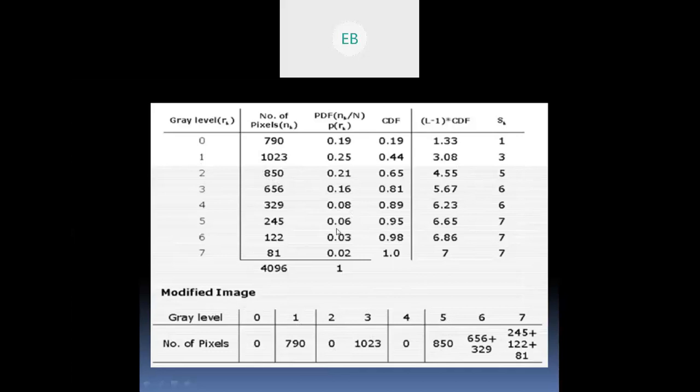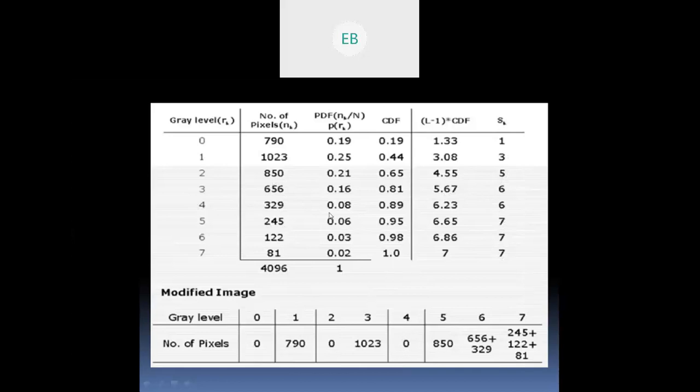But now it has become 0 because 850 has shifted to gray level 5. This is the modified image, okay? Input is this, output is this. So the number of pixels remains the same, only that it shifts accordingly to the output intensity level.